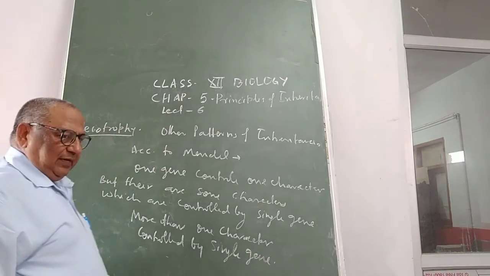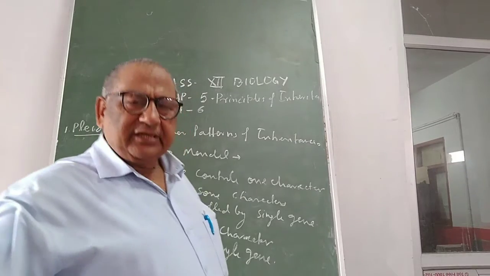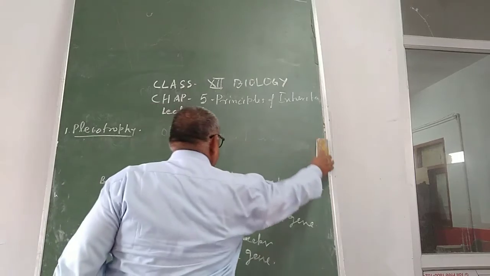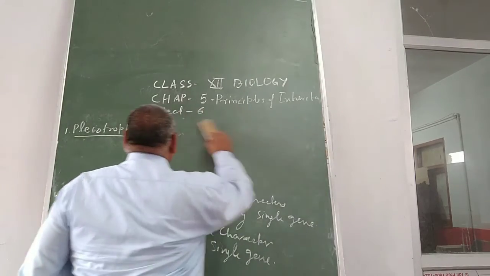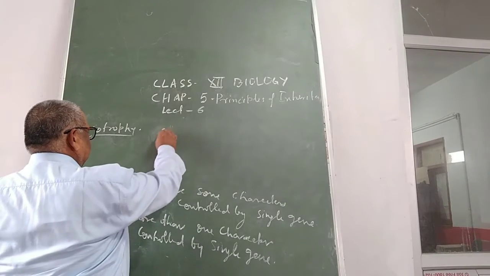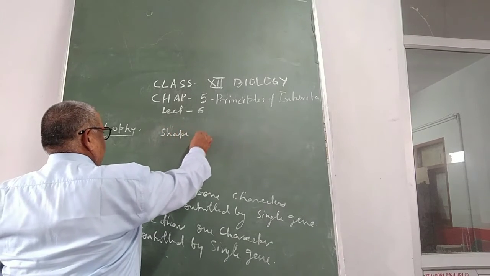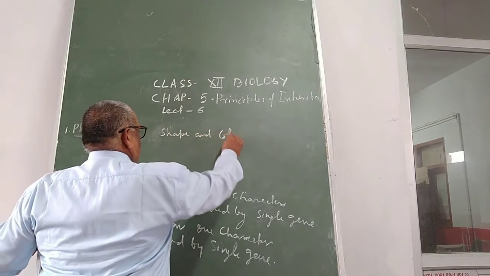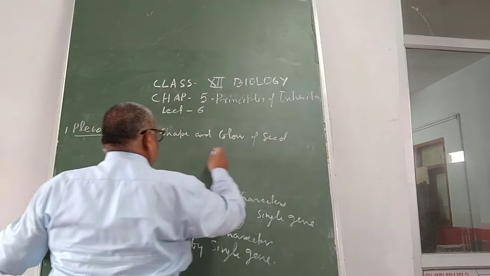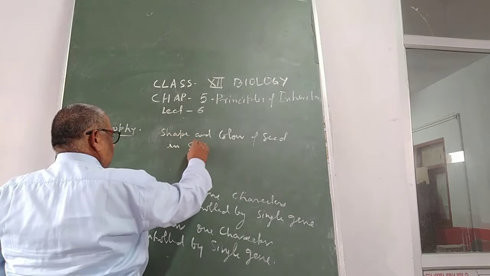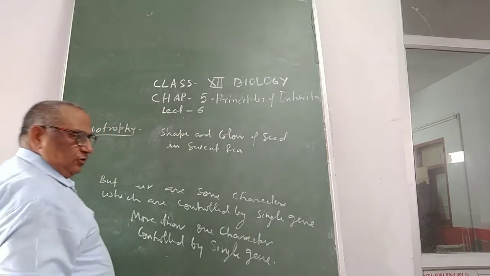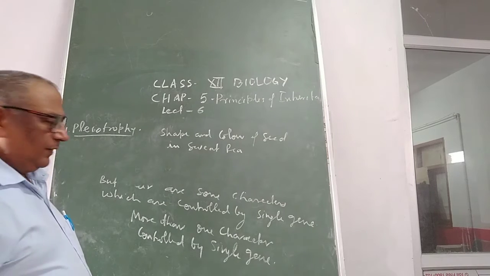And we can see this in certain plants. In case of pea plant, the shape of seed and color of seed, it is a codominant character.